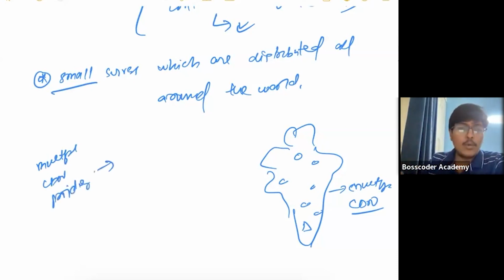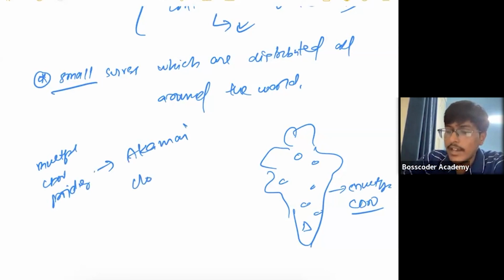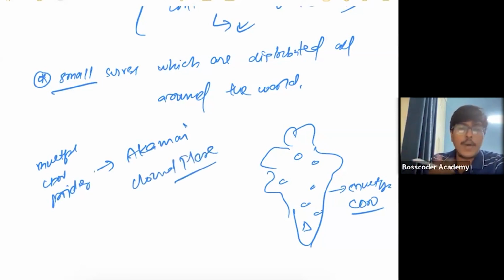For example, AWS, Google Cloud and Azure are cloud providers. Similarly, there are multiple CDN providers like Akamai and Cloudflare. They provide this network of small servers which are distributed all across the world.